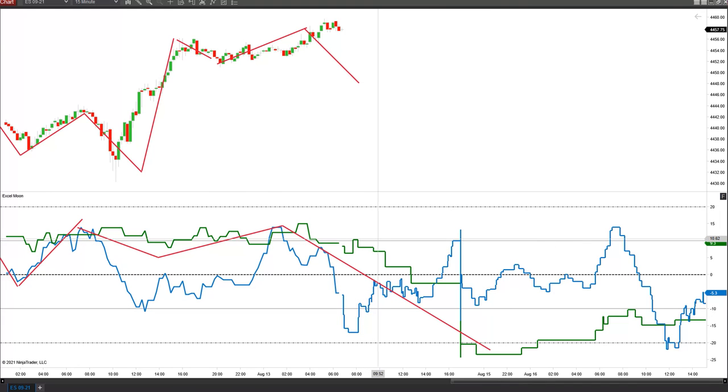Then we're going to have cross current. But we do have down pressure as the blue line flattens out. So after 9:30, I expect the pressure to be down at least until about 1:20, because the green line's down and the blue line is flat, and then the blue line is going to make a sharp move up while the green line flattens out. That should give us some bullish pressure in the afternoon. So that's how I'm reading that chart for today.